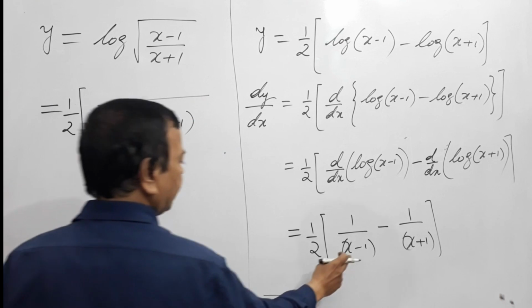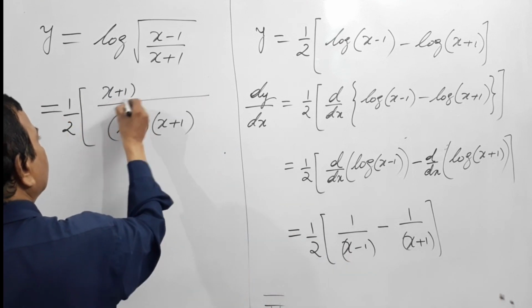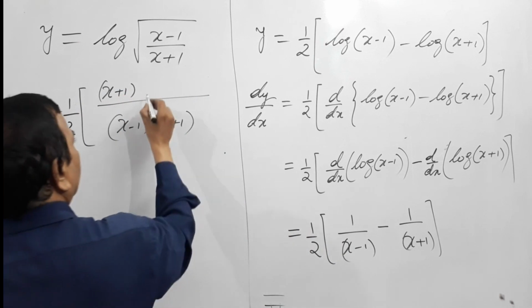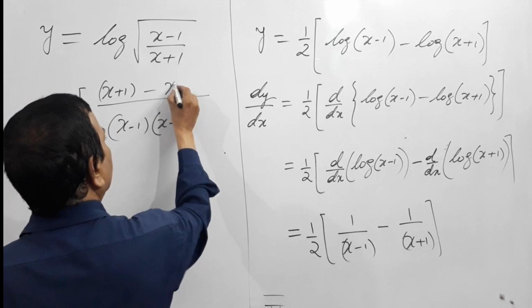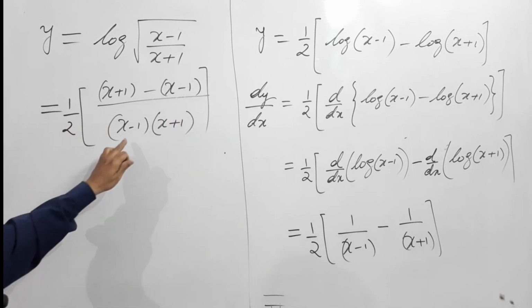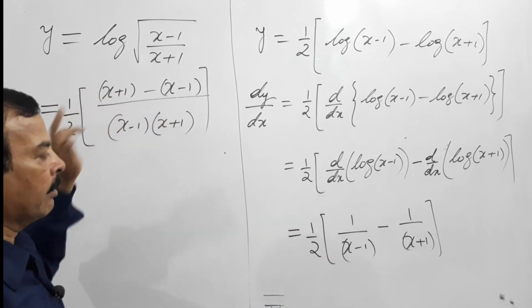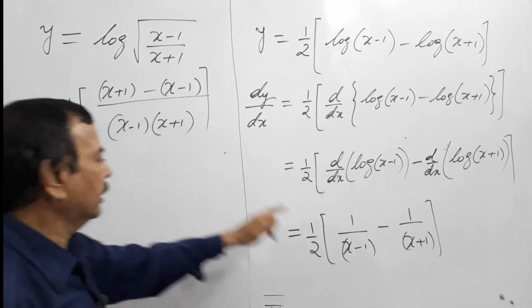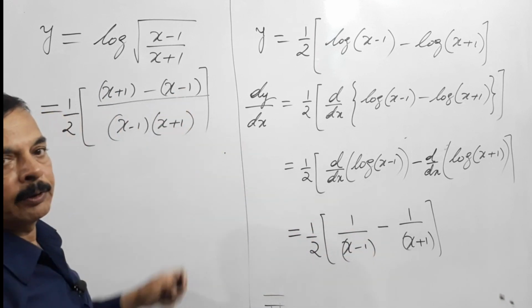So x minus 1 is here, so we will get x plus 1 minus, this becomes x minus 1. How did you get this? So x minus 1, x minus 1 cancels, you are left with x plus 1. So x plus 1 has gone to the numerator. So minus sign, minus sign. So you have x plus 1, x plus 1 removed, x minus 1 you get.